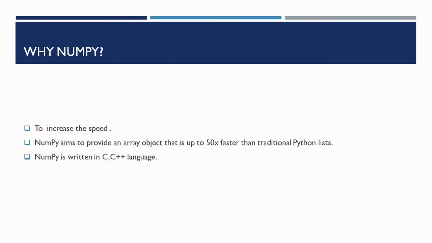So why is Numpy required? Before continuing with this, let's understand the operations and how we operate it. Using Numpy, a developer can perform the following operations: mathematical and logical operations on arrays, and Fourier transformation. Fourier transformation is a very complex or tedious process to do with a programming language.